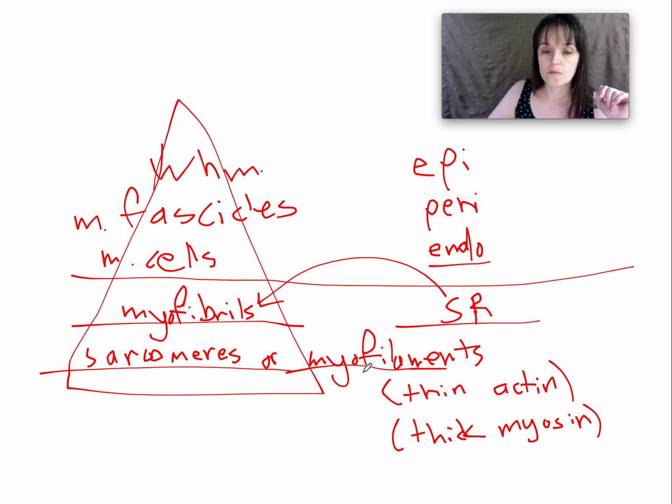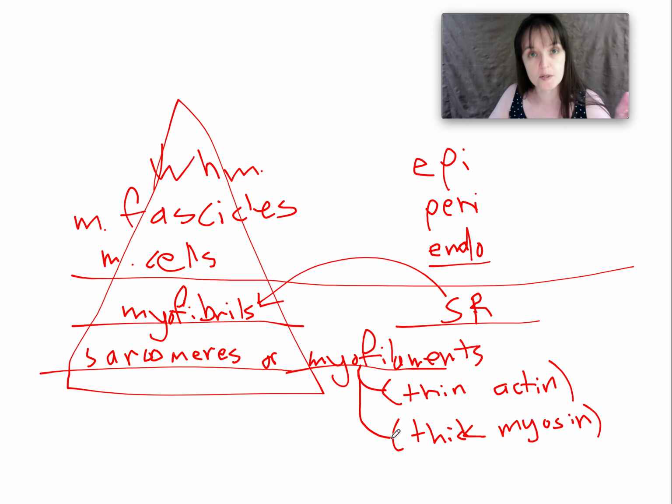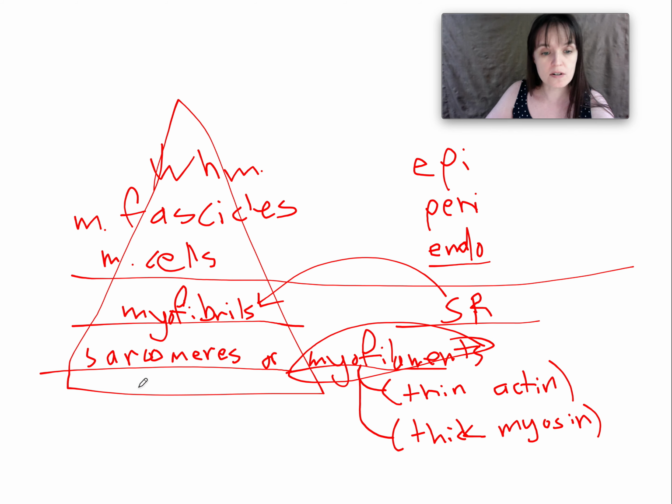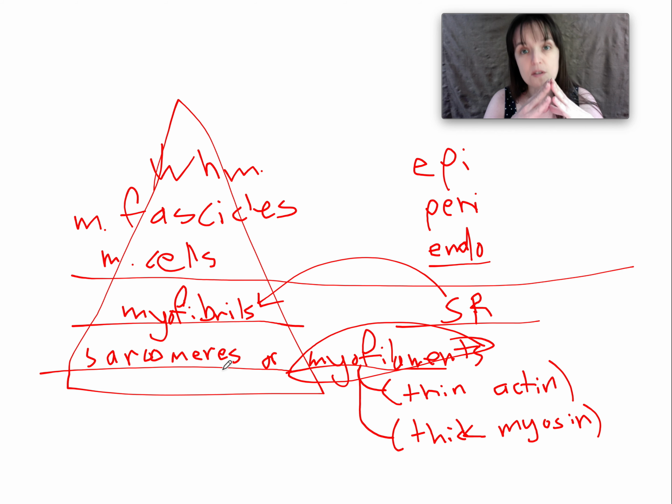Okay, so myofilaments are the thin filaments, mostly actin, and the thick filaments, mostly myosin. The thick and thin filament interaction is what makes a muscle contraction. You can also say the myofilament interaction is what makes a muscle contraction. And the sarcomere is the smallest unit of the muscle that contracts.